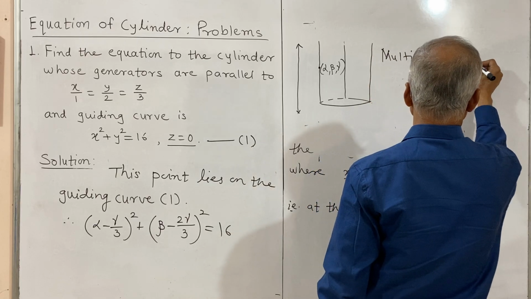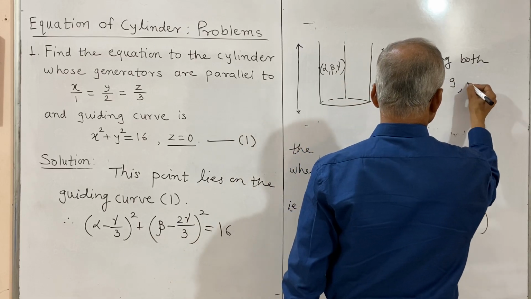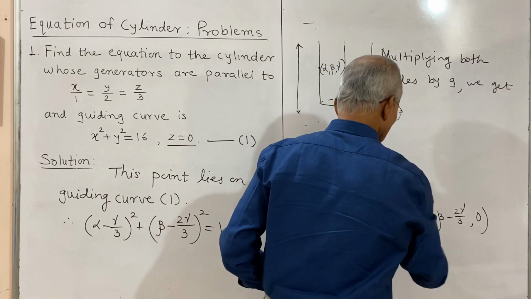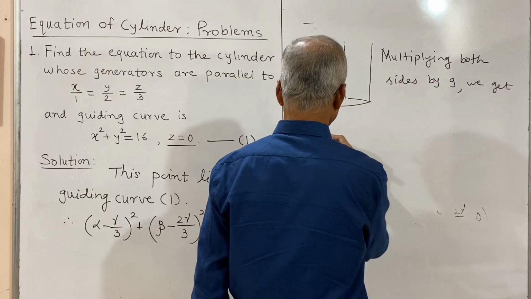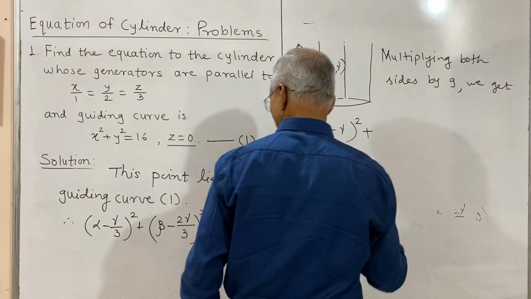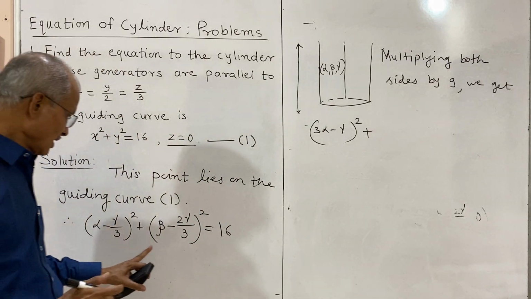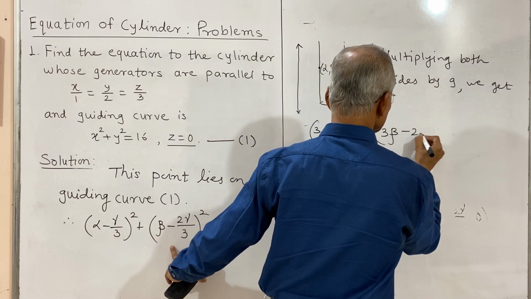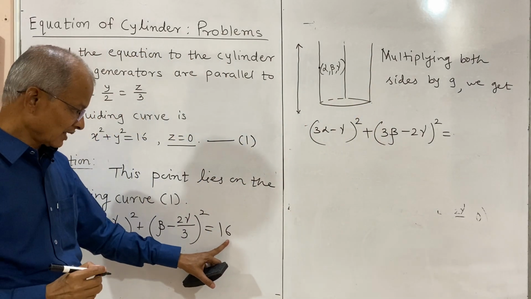Multiplying both sides, we get (3 alpha minus gamma) whole square plus, this 9 at the denominator will be eliminated after multiplication by 9, and similarly this term is (3 beta minus 2 gamma) whole square, and we have to multiply by 9 on the right side.